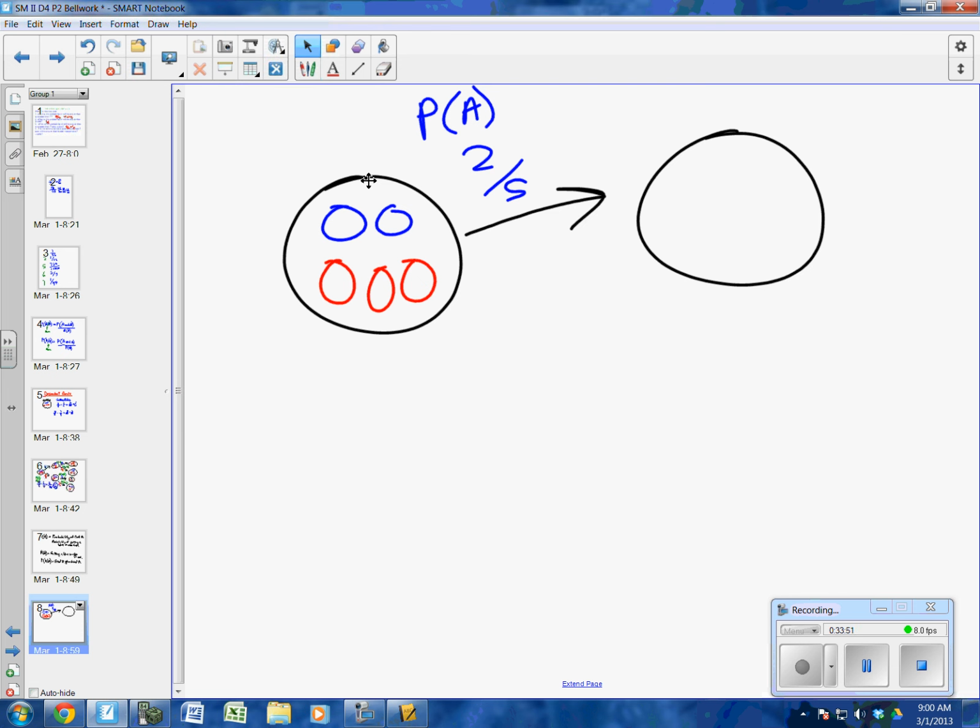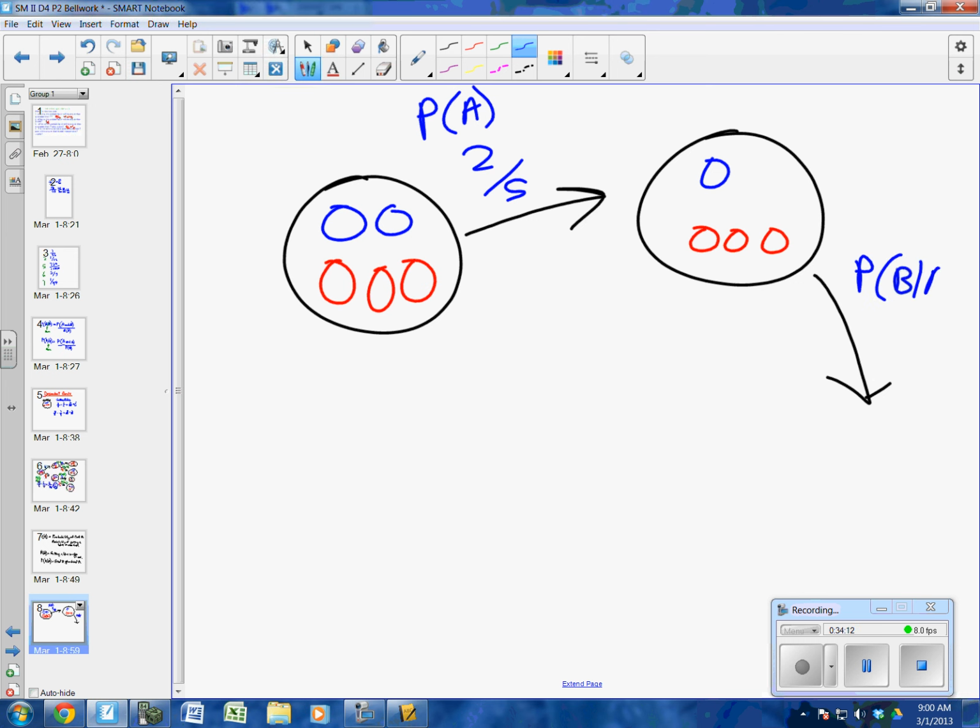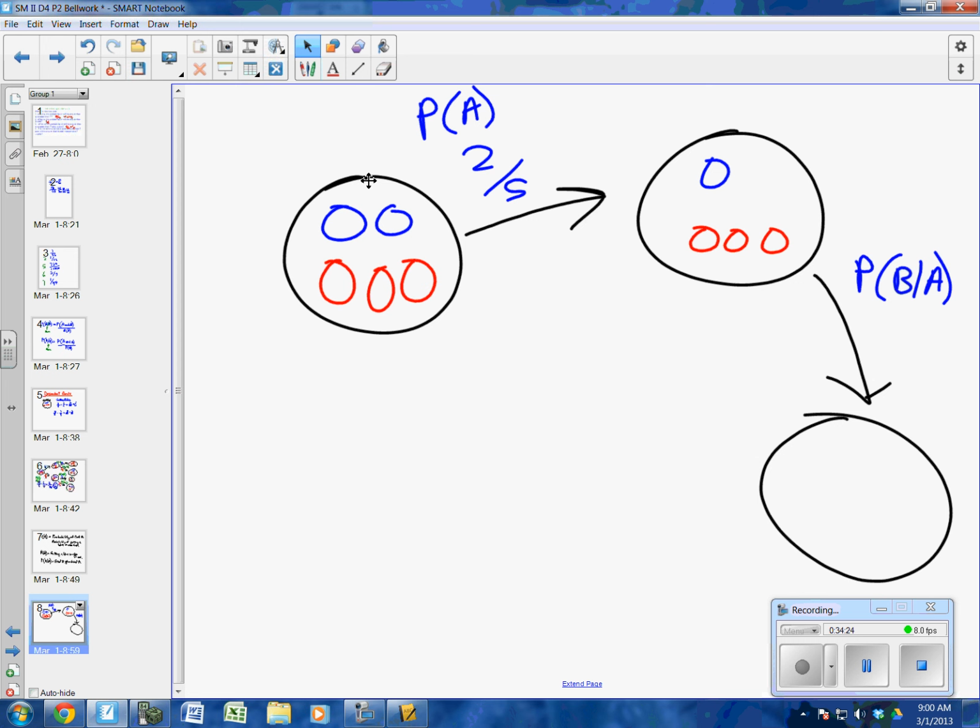Oh, wait, I got to write down what we have left. Okay, and then the next one we had, I should have done this. I got to go down here now because I ran out of room. But that's the probability of B given A, right? So this is the probability of B given A. And then we know to get the answer, we had to multiply those together.